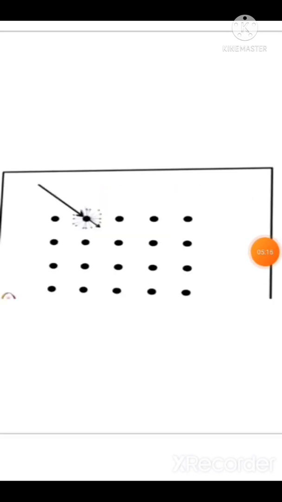See here, the black dotted points represent the lattices and the arrow represents the incident beam of monochromatic X-ray beam. When it interacts with a lattice point, it will diffract in all possible directions, as in a circular manner for a single lattice point.